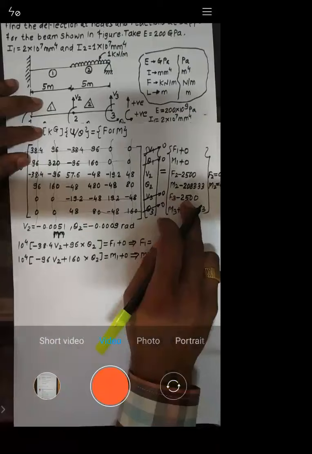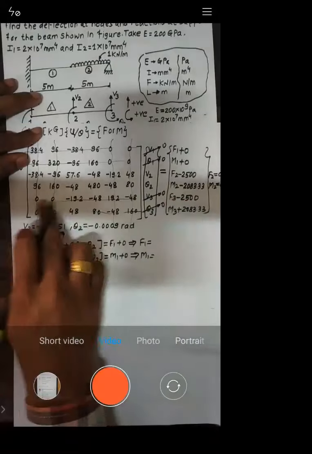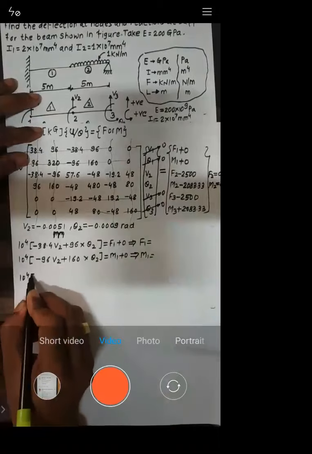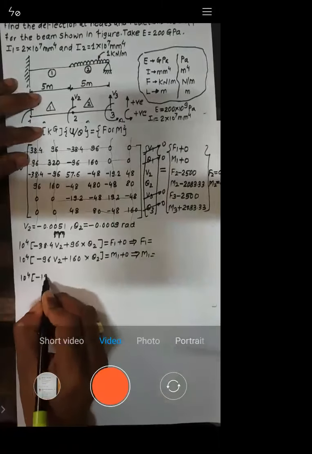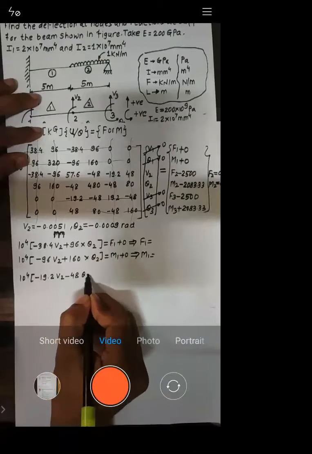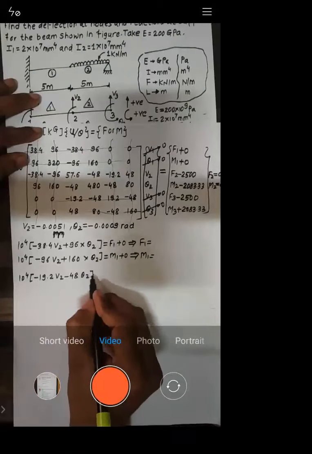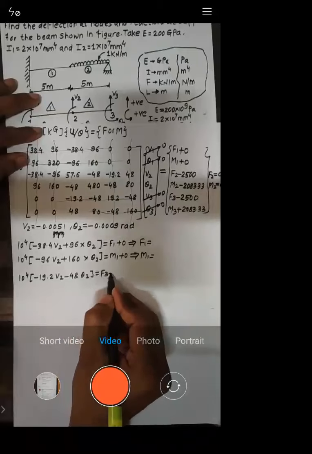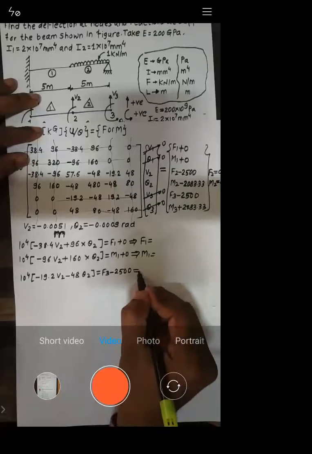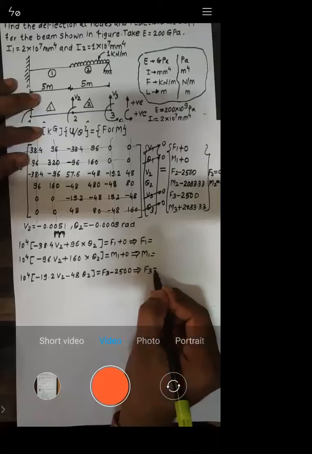Similarly, we will do for F3 minus 2500. That is the fifth row and this column. So 10 raised to power 4, minus 19.2 V2 minus 48 theta 2 is equal to F3 minus 2500. So you tell me the value of F3.